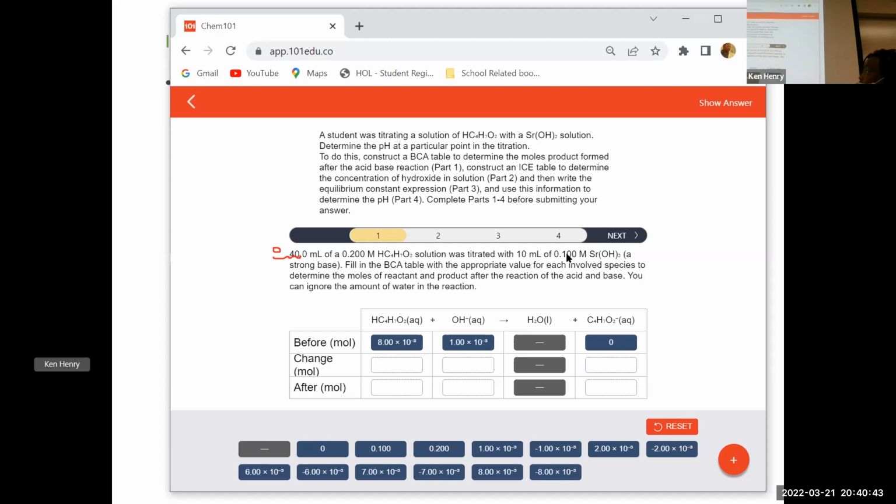So for instance, this is 0.1 molar, right? And that's for every 1 mole of Sr(OH)2, how many OH do I have?